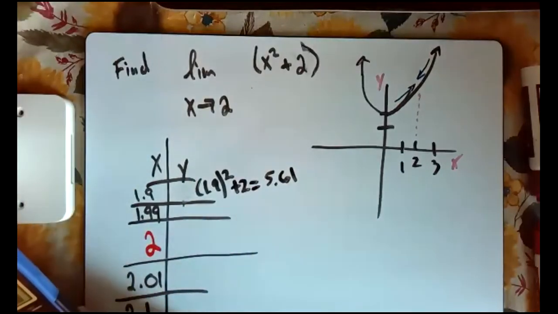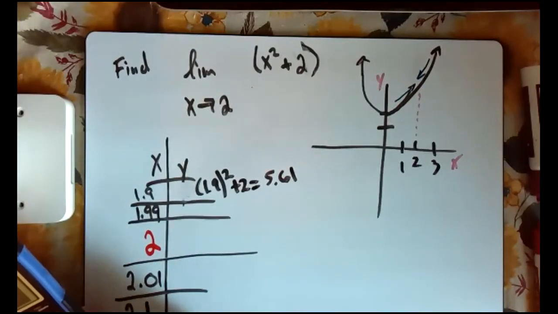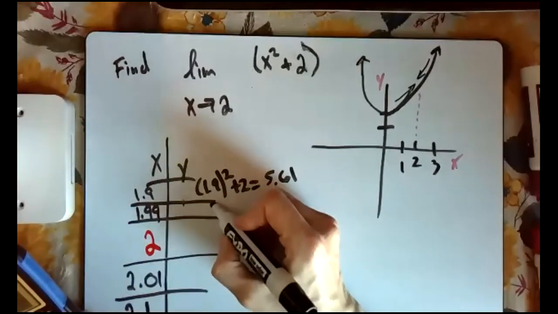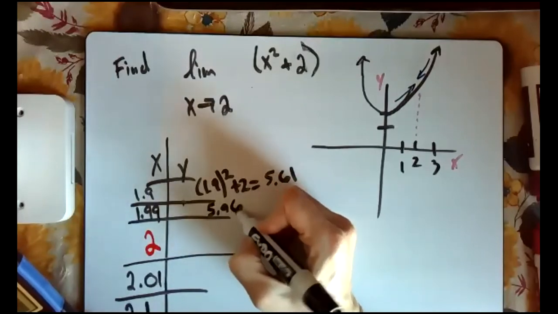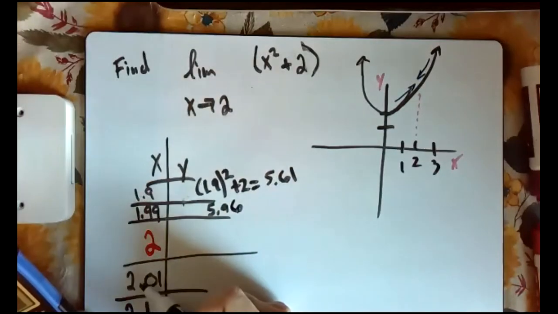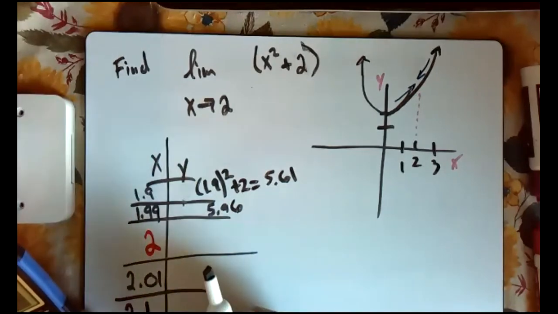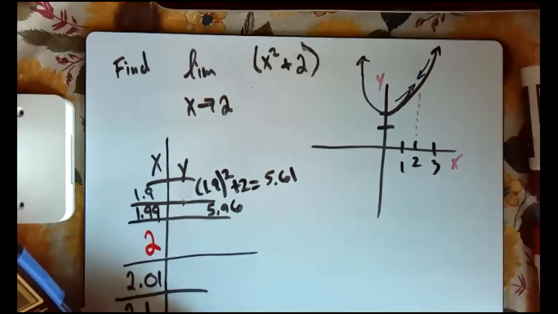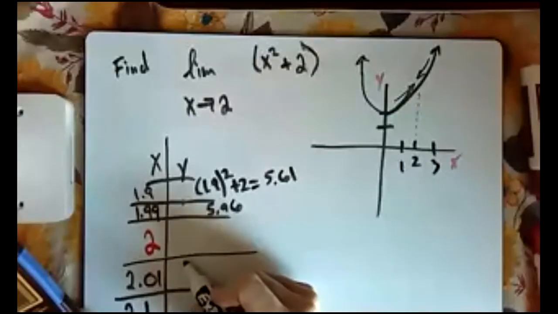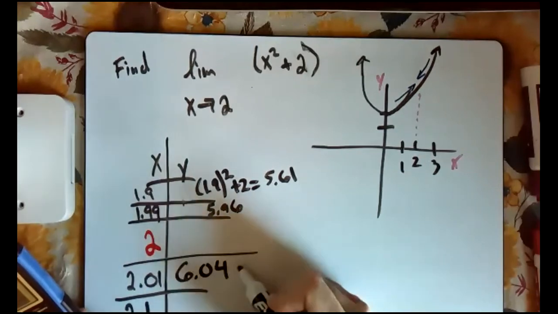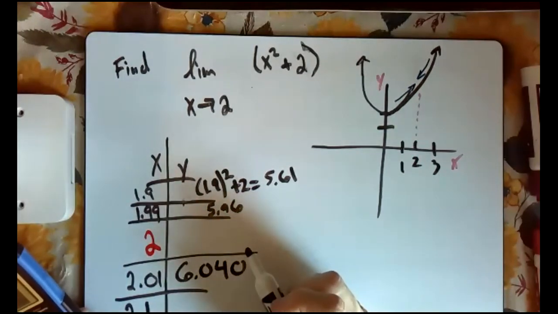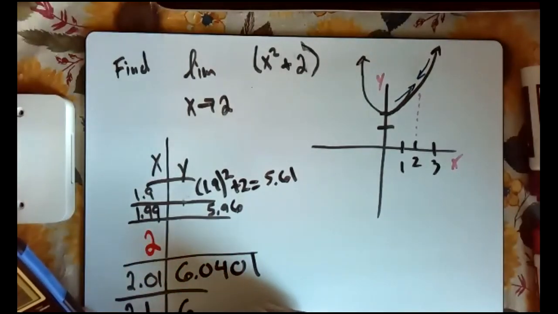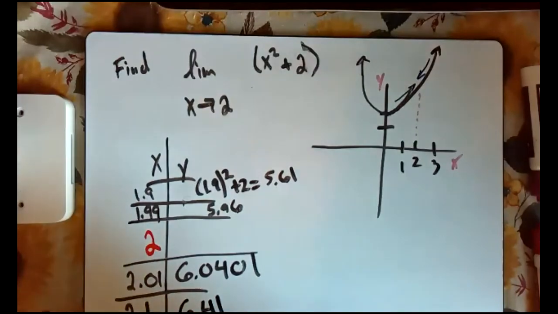And then if I do 1.99 squared plus 2, you get 5.96, like that. If I do 2.01 and evaluate the function at that value, we get 6.0401. Or if I do 2.1 squared plus 2, we get 6.41.